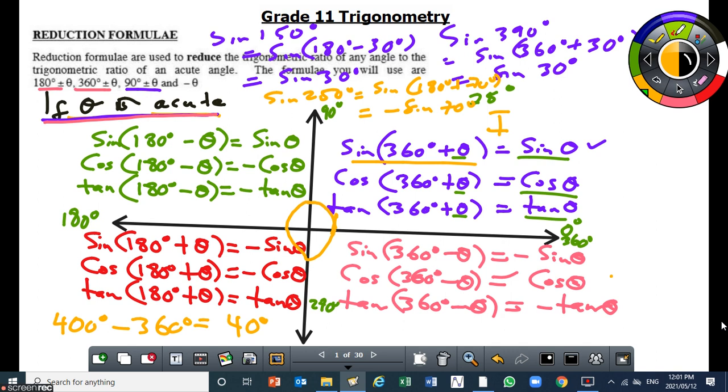So if I start from this point here, going in an anticlockwise direction back to this point, that's 360 degrees. But if my angle is 400, it means I need another 40 degrees up, which will be in the first quadrant. So what that means is both 400 and 40 degrees are at the same point in the first quadrant. Right?